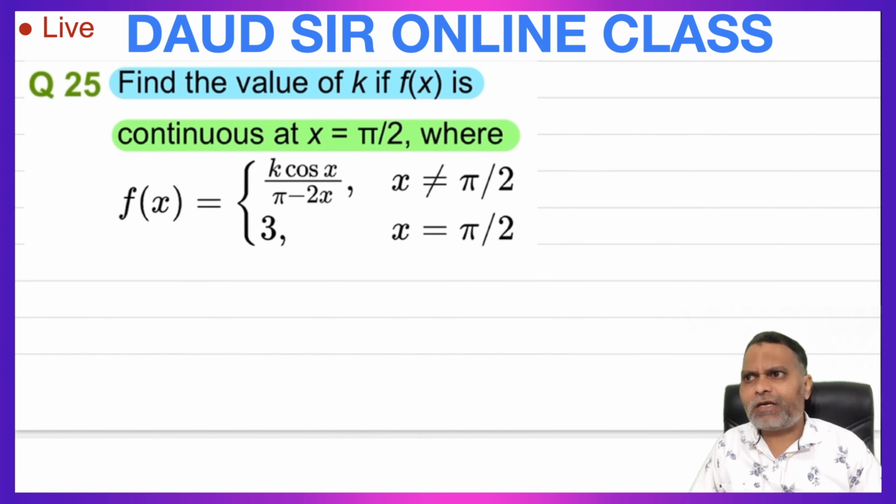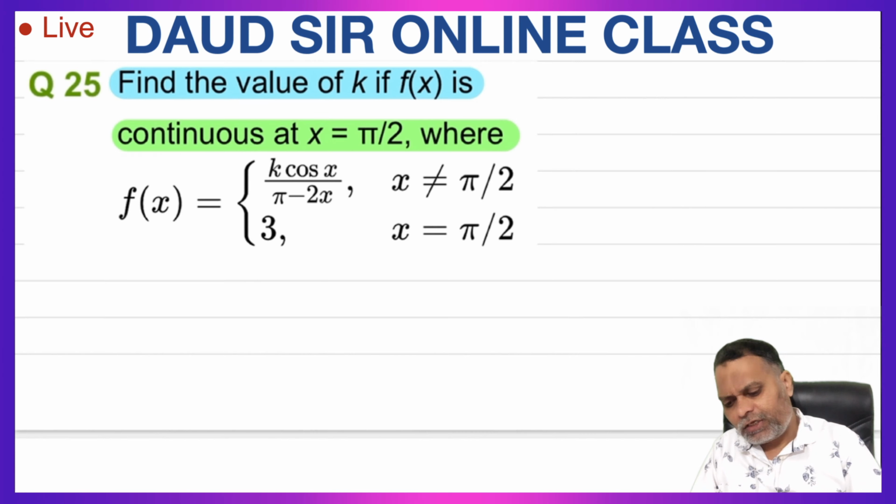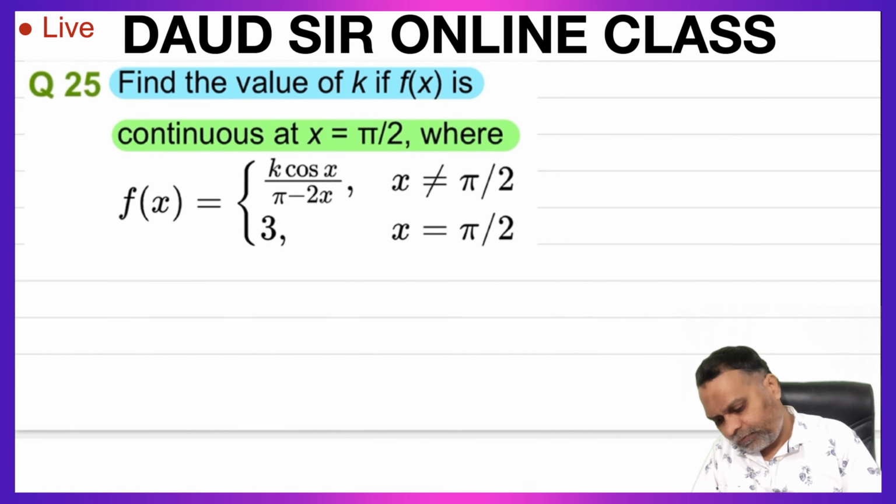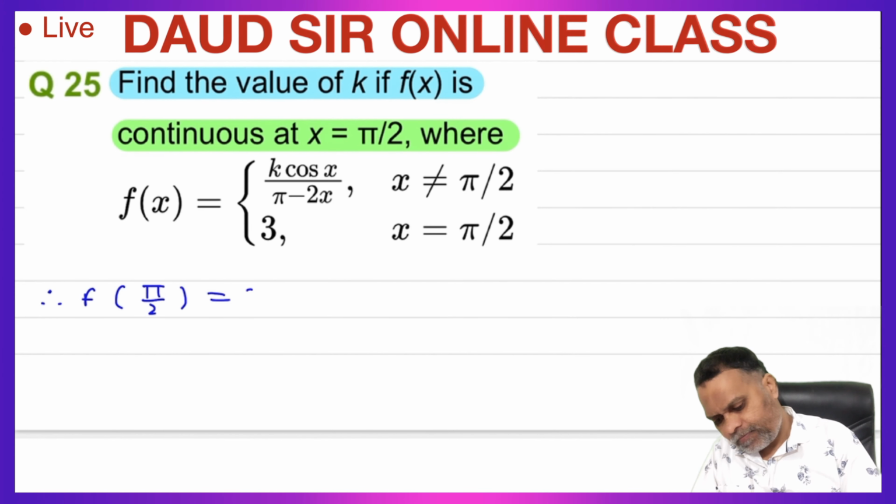This function is given continuous at x is equal to pi by 2. So we have to find out this value of k. So function is defined at x is equal to pi by 2, f of x is equal to 3. Therefore, f of pi by 2 is equal to 3.